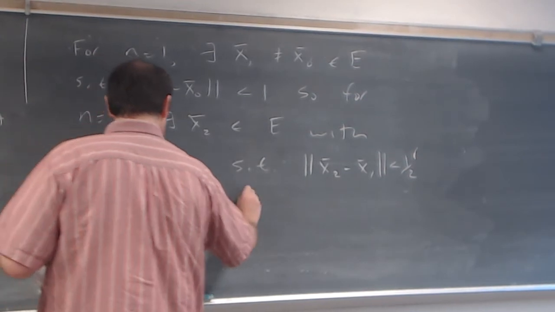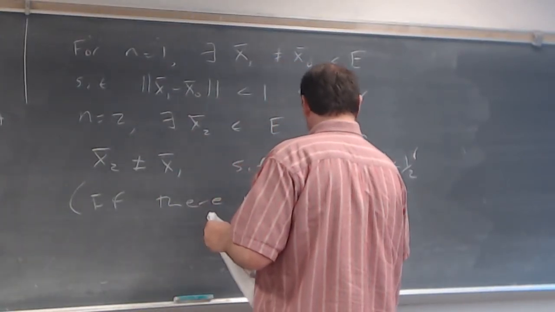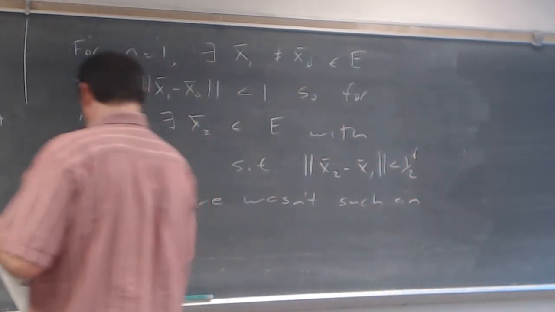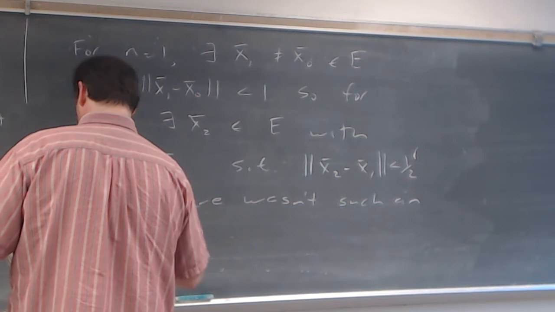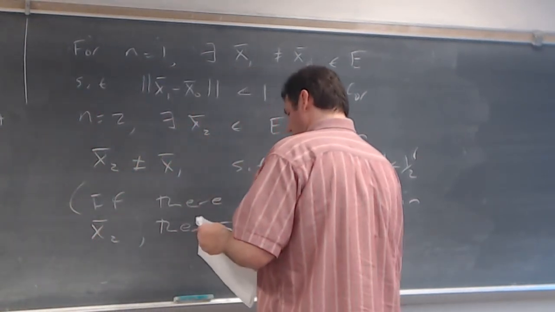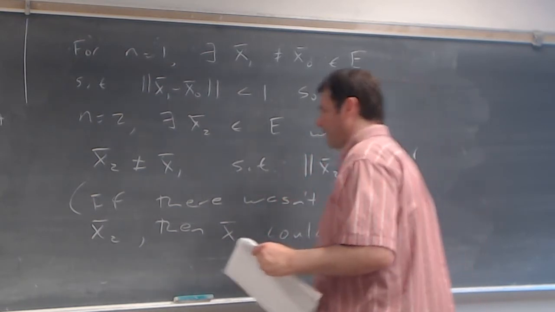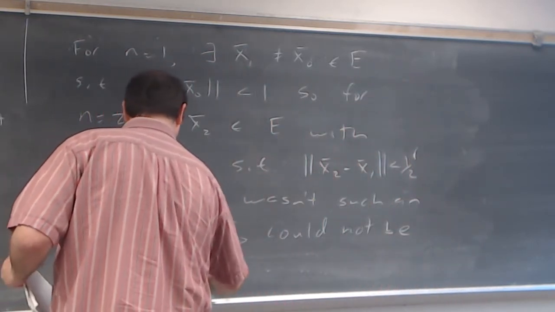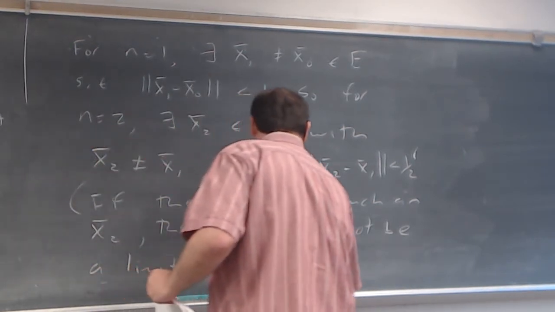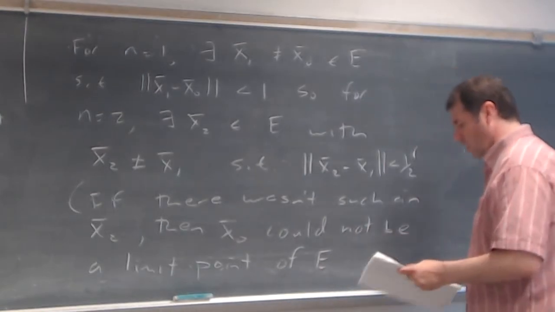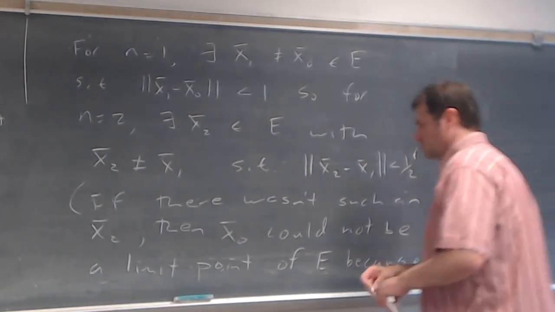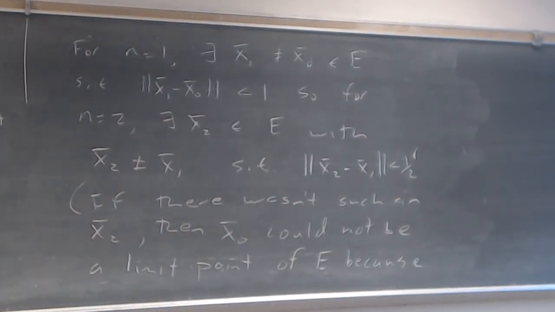If there wasn't such an x sub 2, then x sub naught could not be a limit point of E. Because we could look at this neighborhood. Okay, what neighborhood are we going to look at?